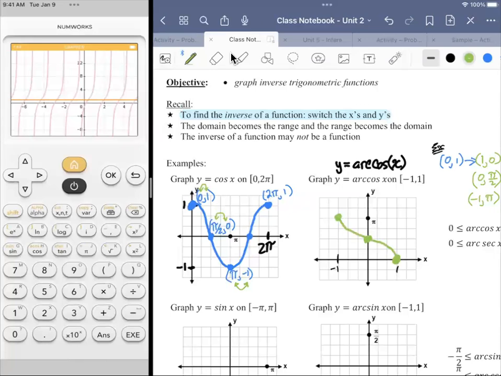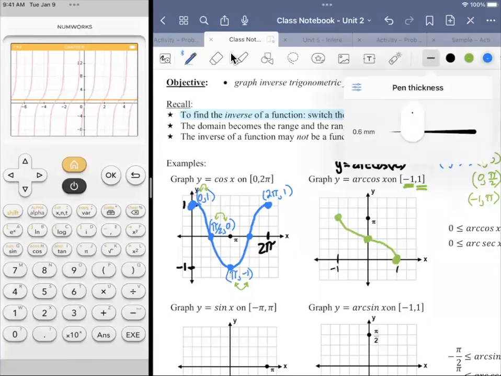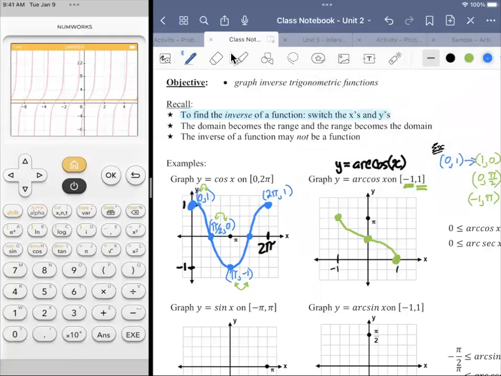Now, if I plot any more, well, one, I'm going to go off the grid, but that's not the real reason. The real reason is I've already covered the domain. I've already gone from -1 to 1. So any other points that I might include would cause the graph to not be a function. So for example, this next point here, which I neglected to write, this point here would be 3 pi over 2, comma 0.